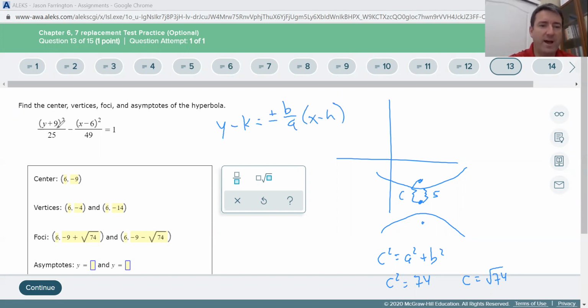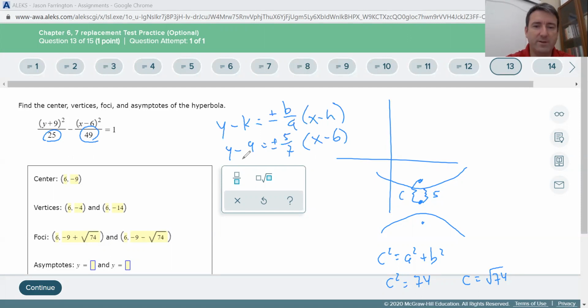So here we've already got y, so this is y minus 9 is equal to, and then x minus h is x minus 6. And then this b over a is the square root of 25 over our a, which is 7. So 5 over 7. So this is plus or minus 5 over 7.